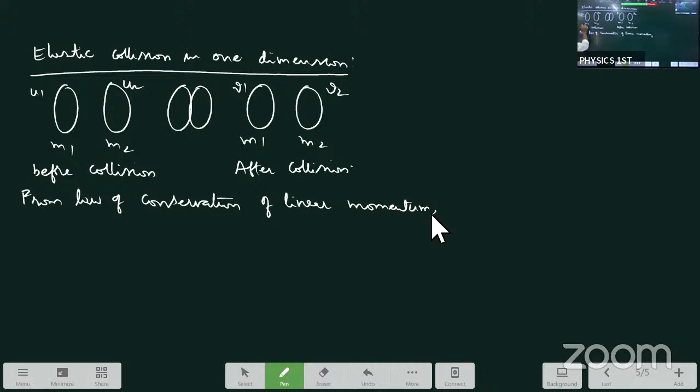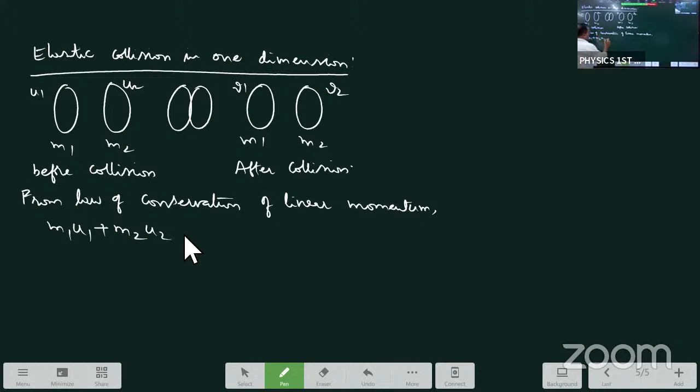Before collision, what is the linear momentum? The first body's linear momentum is m1 u1. I think you know the linear momentum formula: mass into velocity. So the first body's linear momentum is m1 u1 plus the second body's linear momentum, m2 u2. It is the total linear momentum before collision.